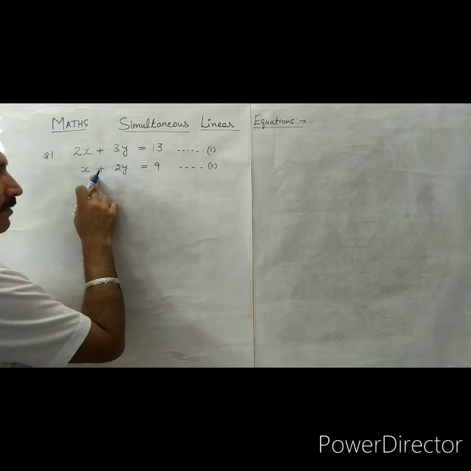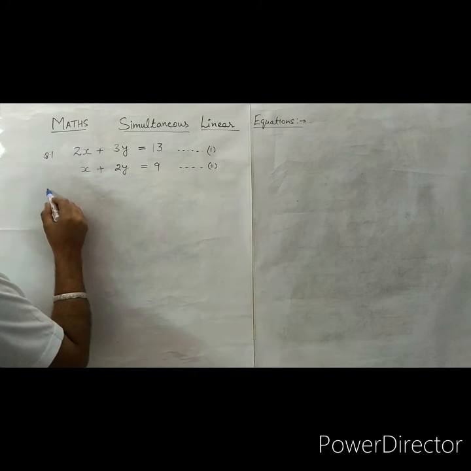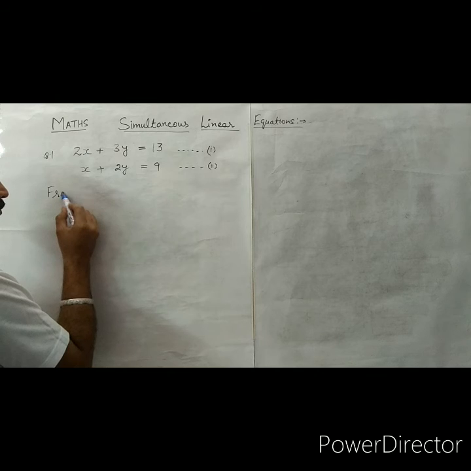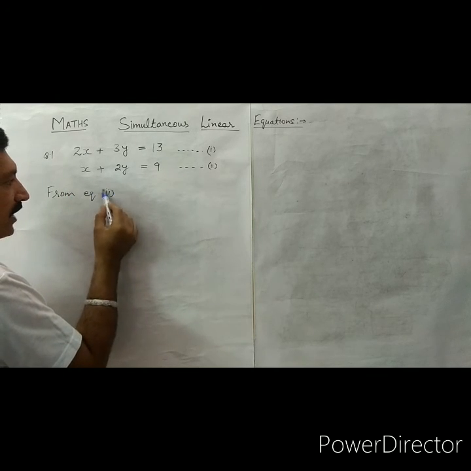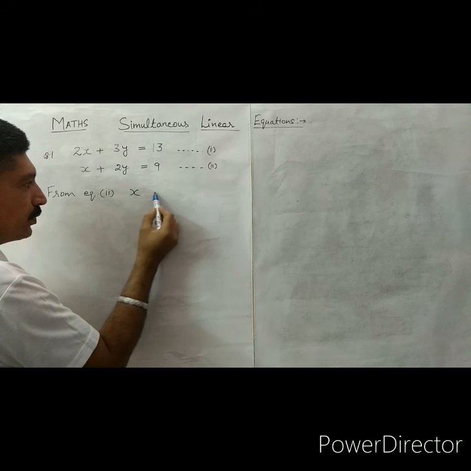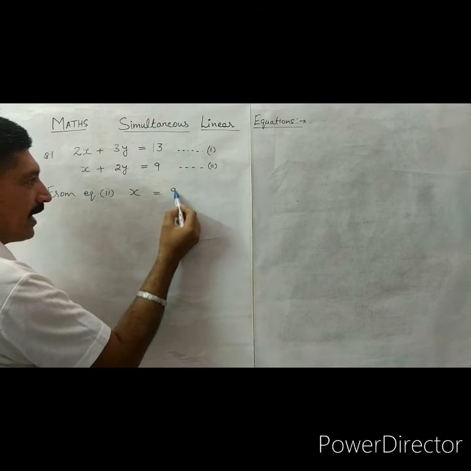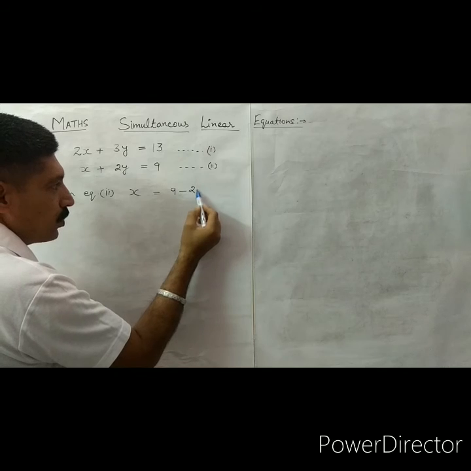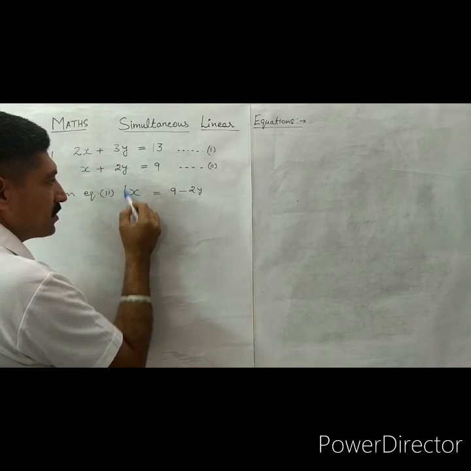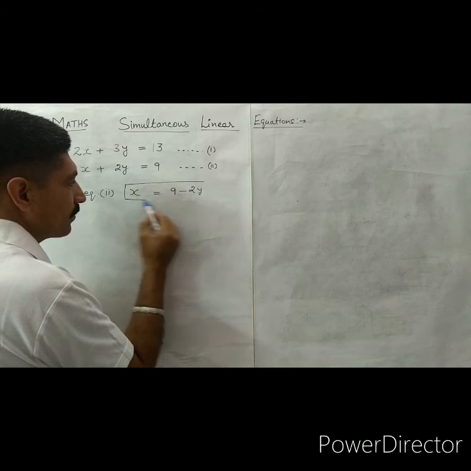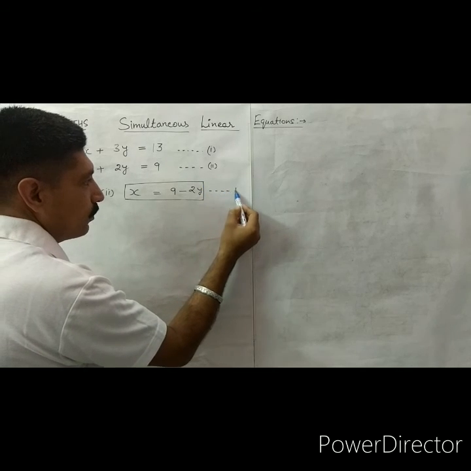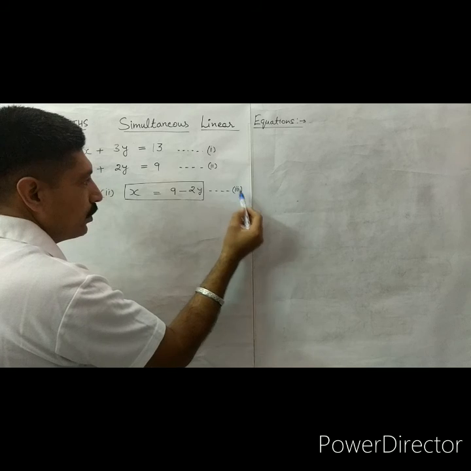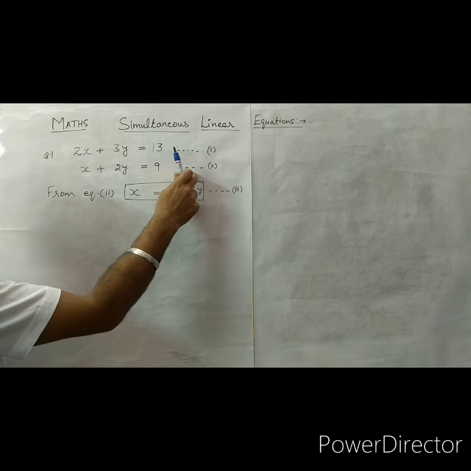Now here from equation 2, we have x is equal to 9 minus 2y. This is equation number 3. We have taken the value of x from equation number 2.